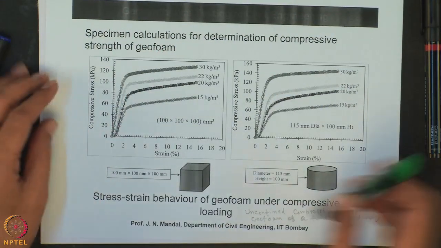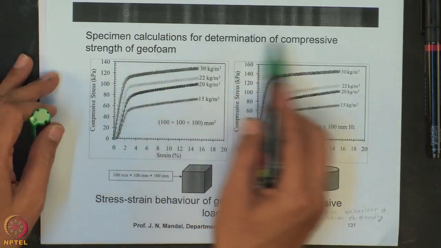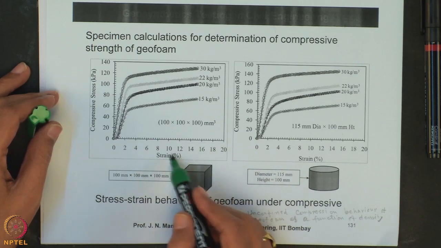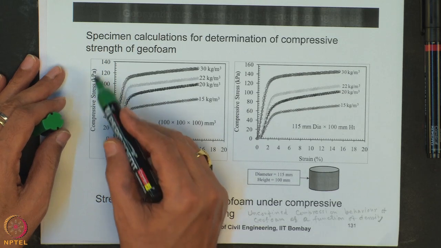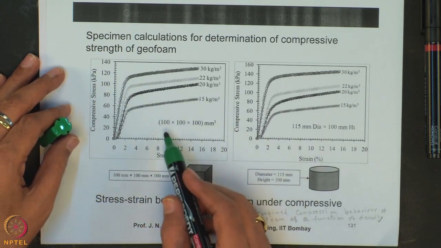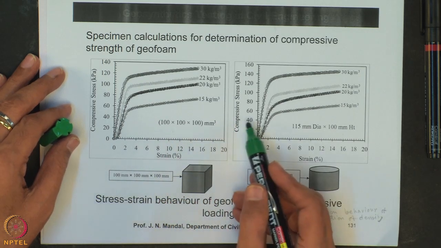For example, here I am showing you the specimen calculation for the determination of the compressive strength of the geoform material. This is strain in percentage and this is compressive stress in kilopascal. The size of the sample may be a 100 millimeter cube, or it may be a 50 millimeter cube also.